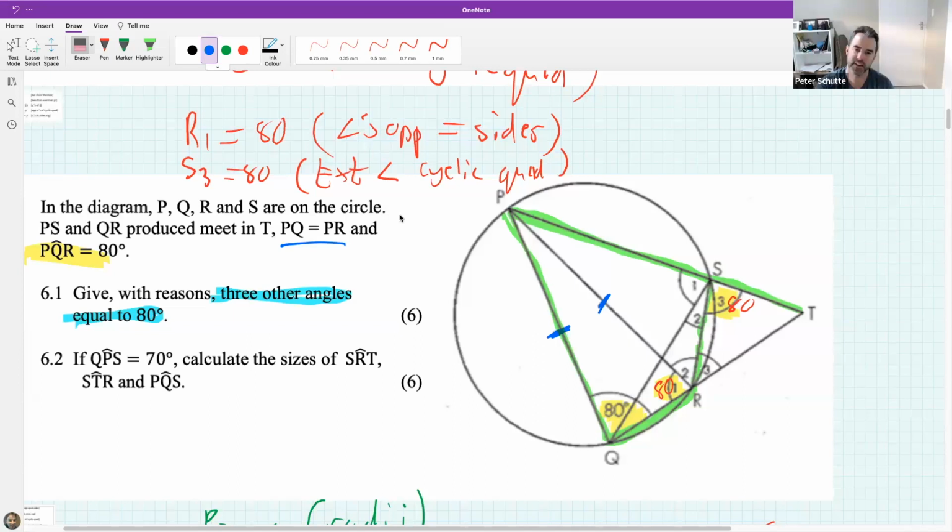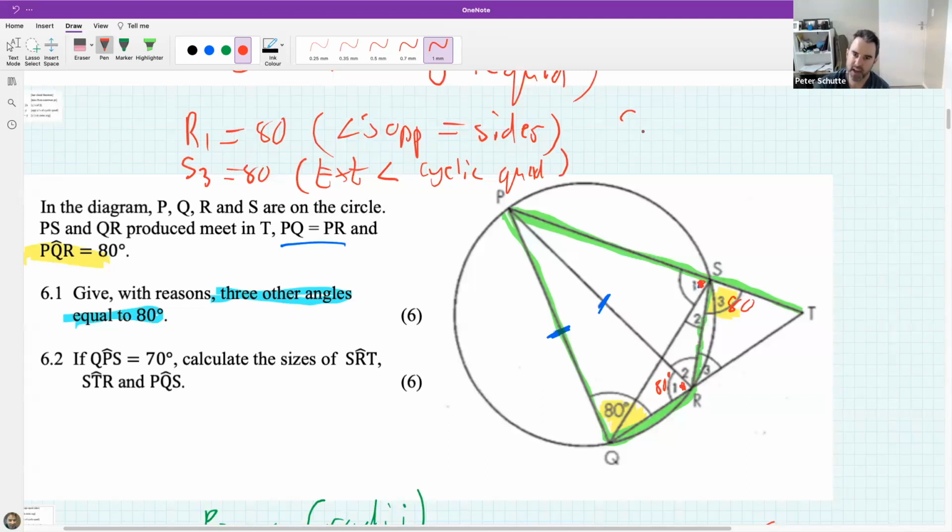Now, the one thing that I think a lot of you are missing possibly is if I make a little dot there and I make a little dot there, what is the relationship between those two? Can you see that this one over here and this one over here have a relationship? And remember, this one was already 80 degrees. It's a bit hidden because remember the butterfly can be oriented in different ways.